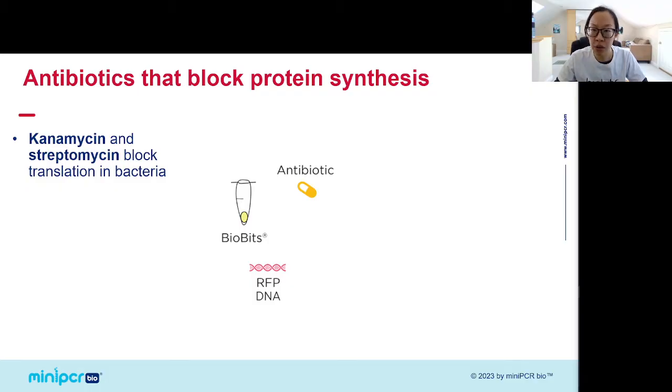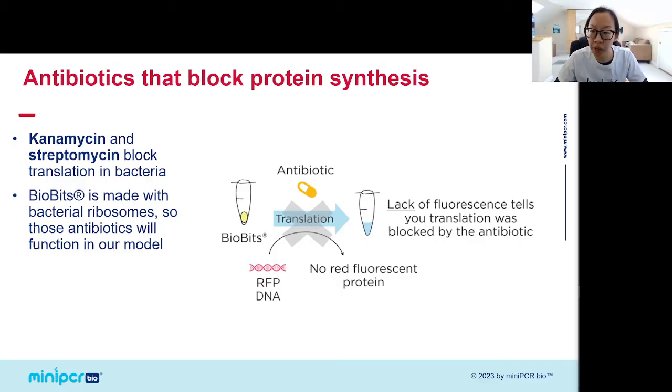If we add either of these antibiotics to a live bacteria culture, the bacteria will not be able to make proteins and will die. And since BioBits contains bacteria ribosomes, we can also use them to test the functions of these antibiotics. So when we add the antibiotic, we expect to see translation inhibited, resulting in no RFP.